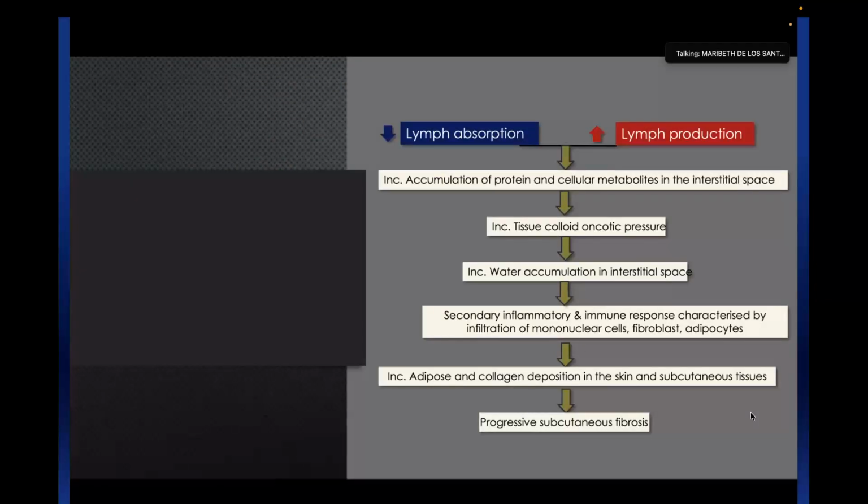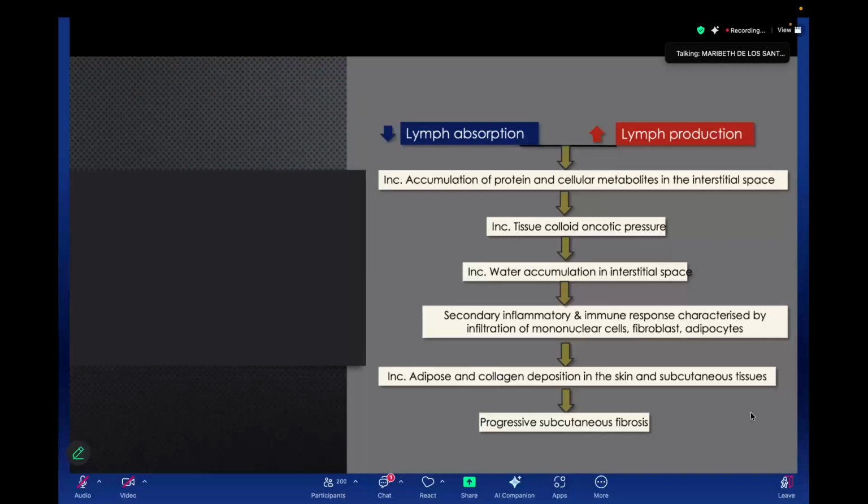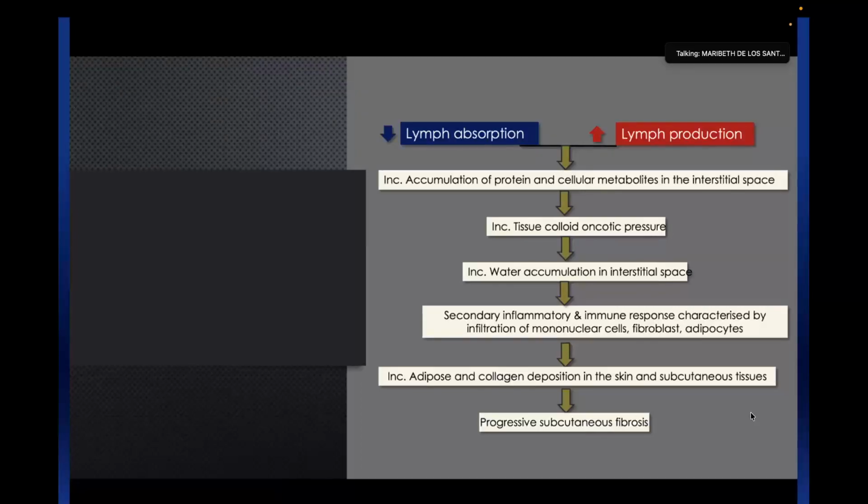Now, I just want to show you the basic pathophysiology of lymphedema, which is an imbalance between lymph absorption and production. There's an increase in production of lymph, but there is a decrease in absorption. Lymph is primarily protein-rich fluid, and when this accumulates in the interstitial space, the tissue oncotic pressure increases with subsequent accumulation of water.